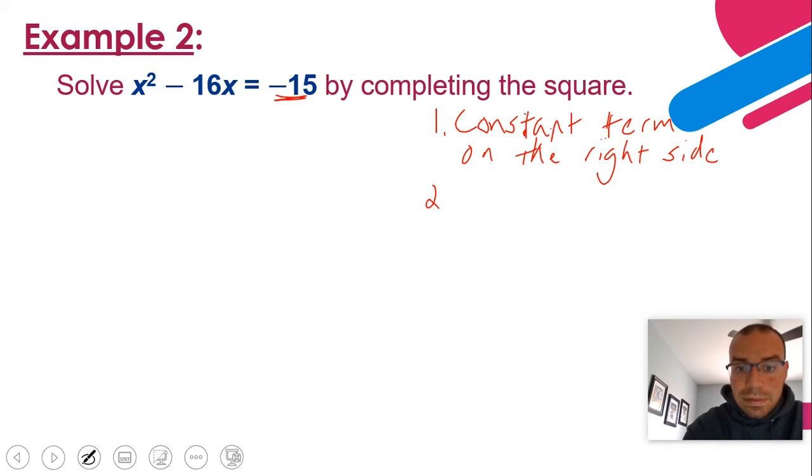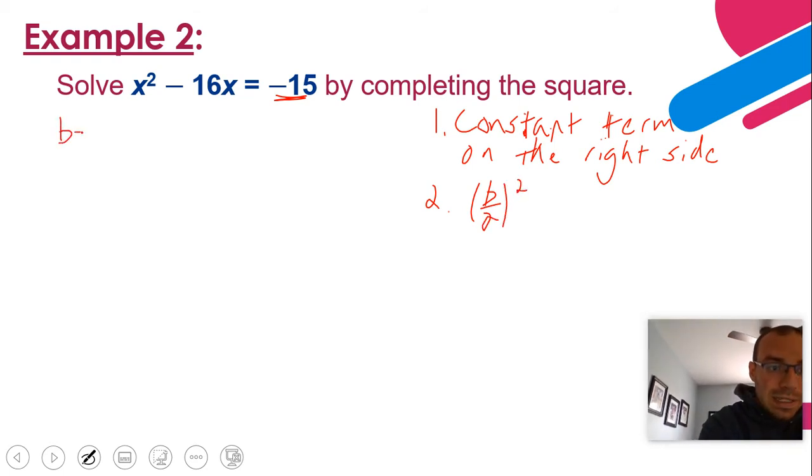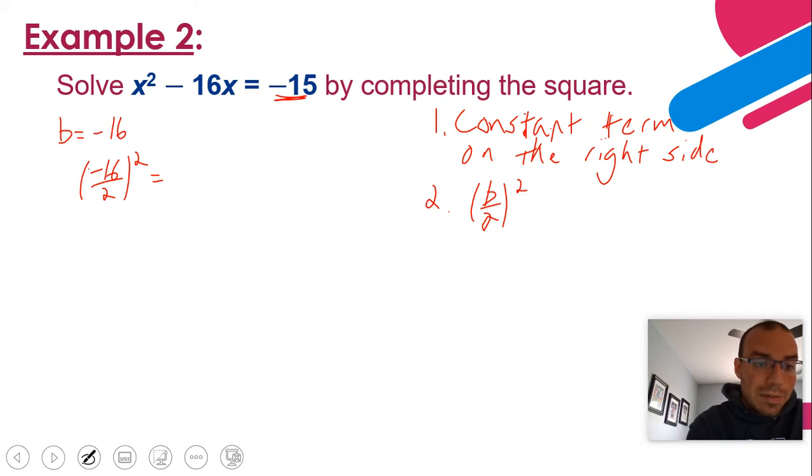Once we do that, we're going to find b over 2 squared. In this case, your b is -16. So when we do -16 divided by 2, we get -8, and we square it. -8 squared is equal to +64.